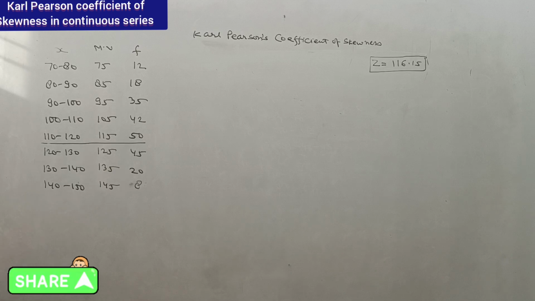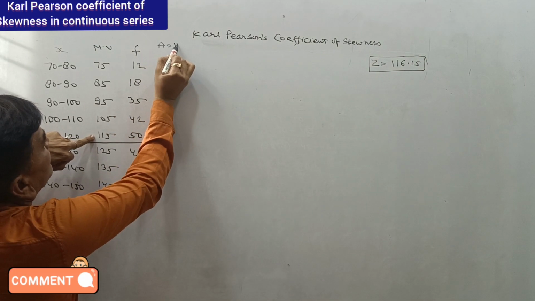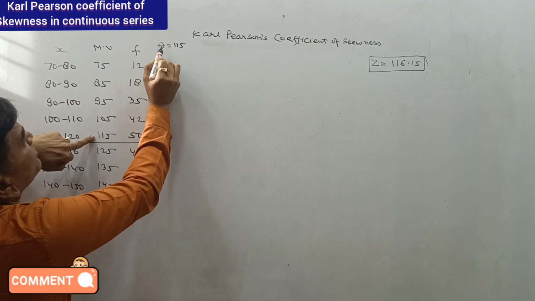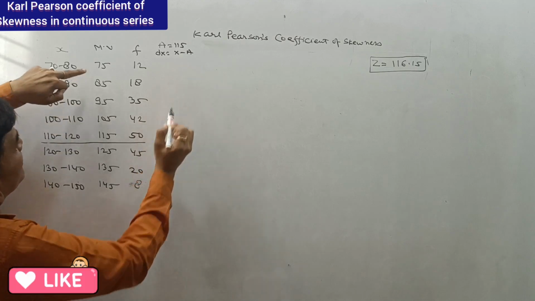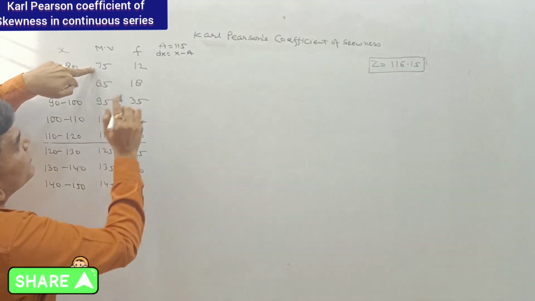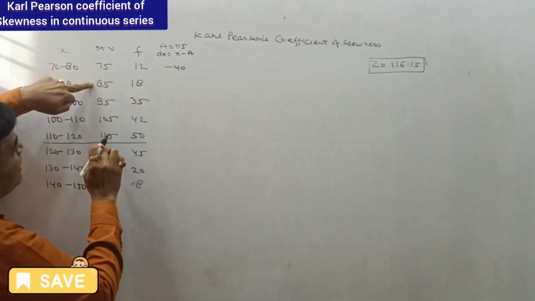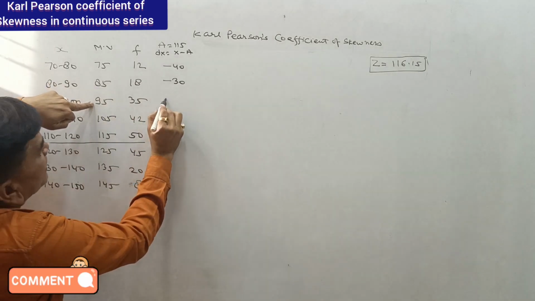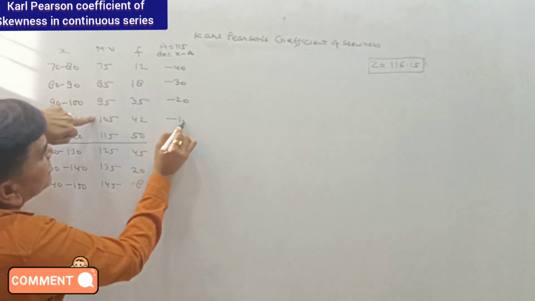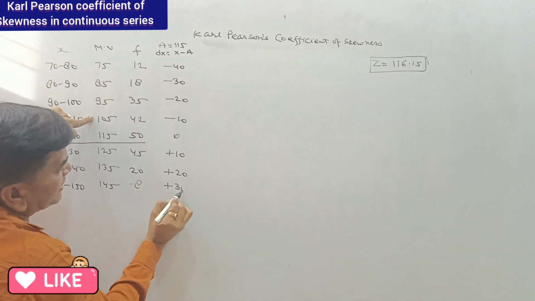Suppose I take the assumed mean as 115. So dx is equal to x minus assumed mean. So 75 minus 115 is minus 40. 85 minus 115 is minus 30. 95 minus 115 is minus 20. 105 minus 115 is minus 10. Then 0, this will be plus 10, plus 20, plus 30.